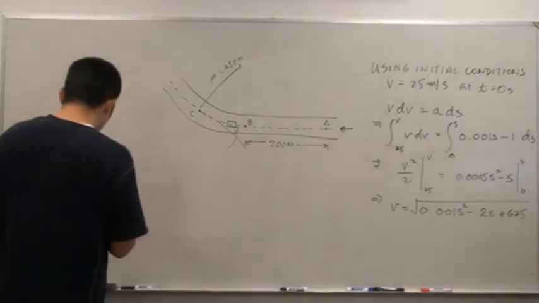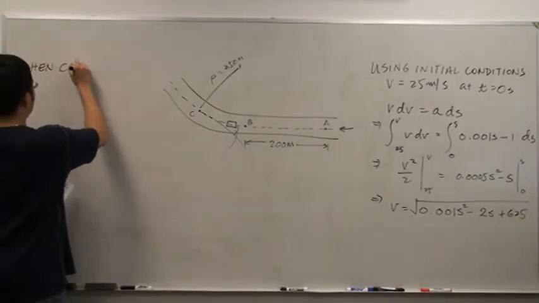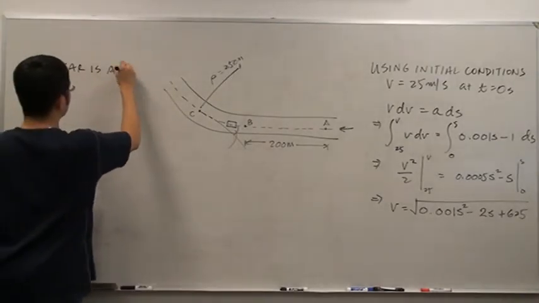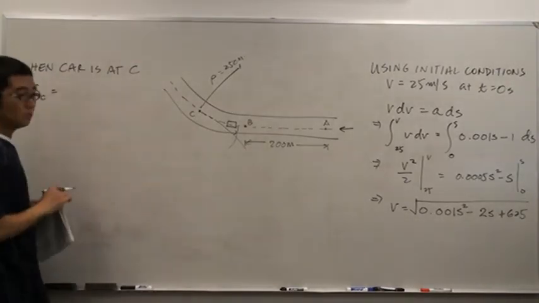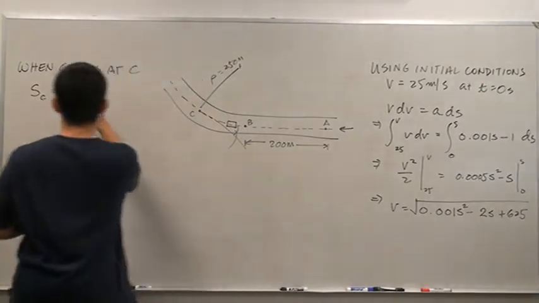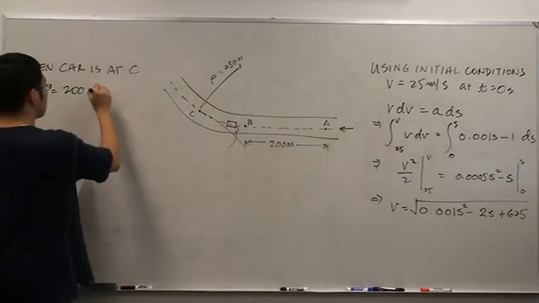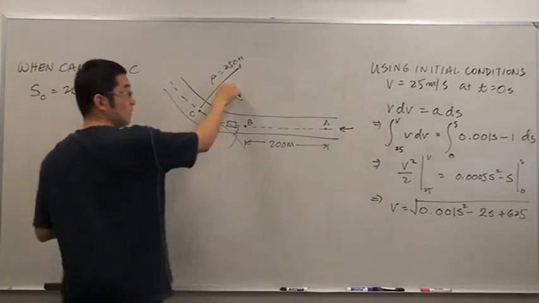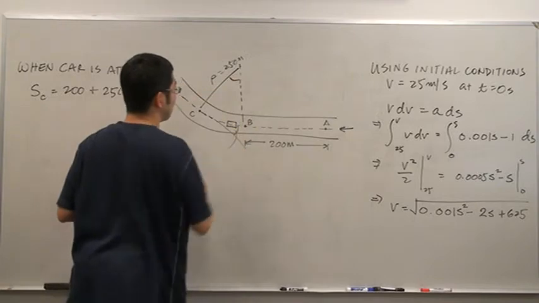Okay? So when the car is at C, s at C is equal to first 200, plus 250, which is the radius, multiplied by this angle, this little angle here.